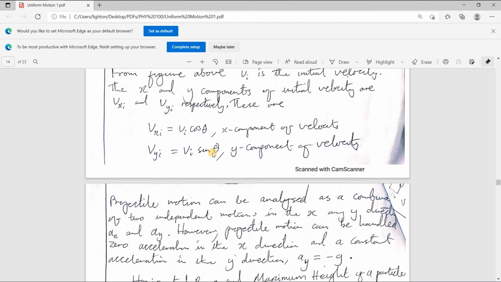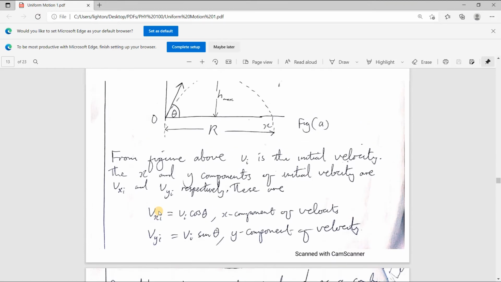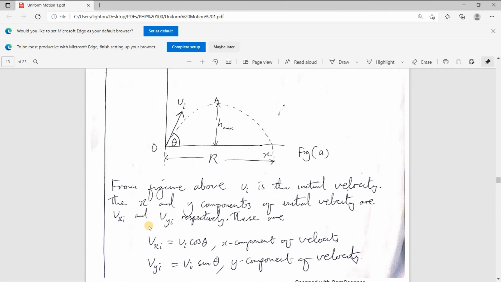That's the y component of velocity. Same thing, making a triangle on this vector coming down there, you find the vertical axis will have a magnitude from this initial velocity. Okay, that's the y component of velocity.